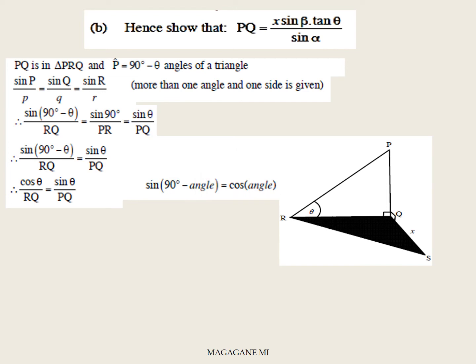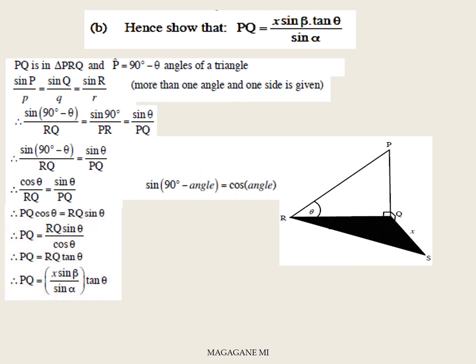Right. Then we also know RQ. Or first we can start by cross multiplying. Then we have PQ cos theta equals RQ sin theta. Therefore, PQ equals RQ sin theta over cos theta. Right. Then what is sin theta over cos theta? Sin theta over cos theta equals tan theta.